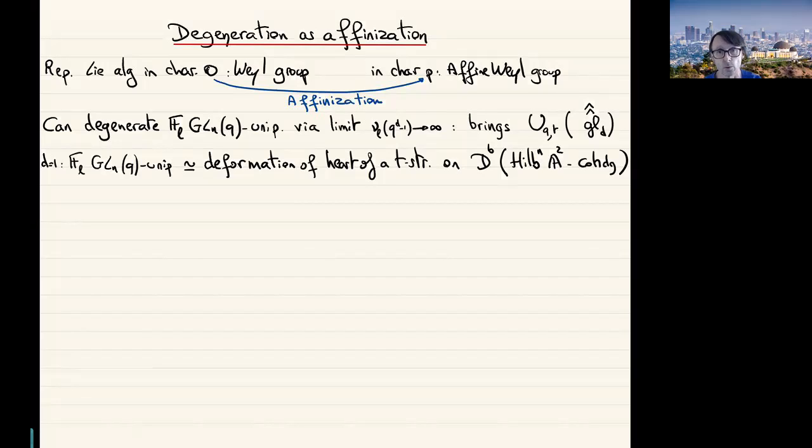You have to say, well, I'm using a grading. There are gradings because on a two-dimensional vector space, you have a two-dimensional torus acting. And for one of the directions you choose, you have an action of a multiplicative group and you have a grading, and instead of looking at complexes of sheaves, you look at differential graded sheaves with this grading. So there are small things there, but you can forget about that and take the derived category.